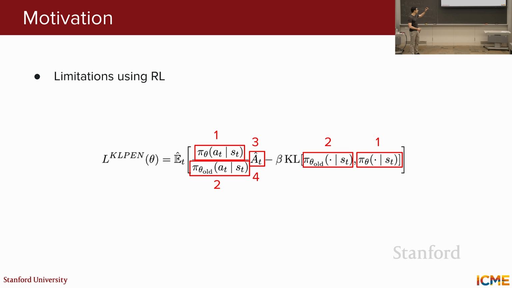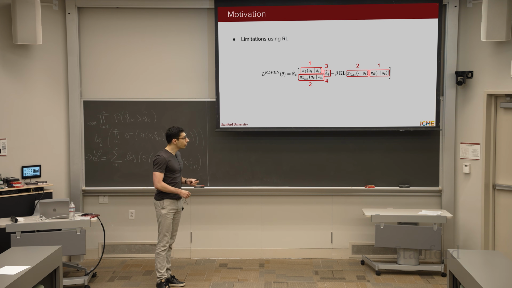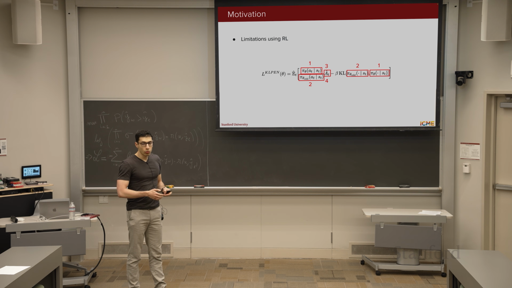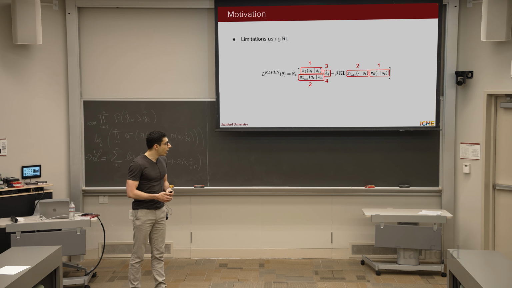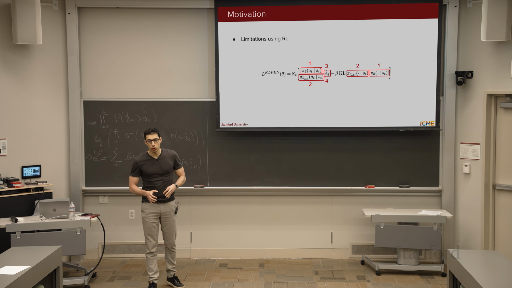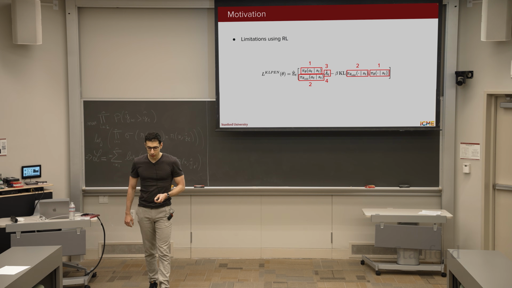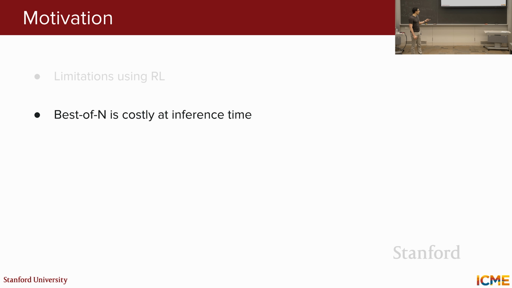When you look at this loss function, you have the policy of the current model you have to optimize for, the one of the old model or the reference model, and then you have your advantage, which hides the reward model, as well as the value function that we discussed. All these four is a lot.